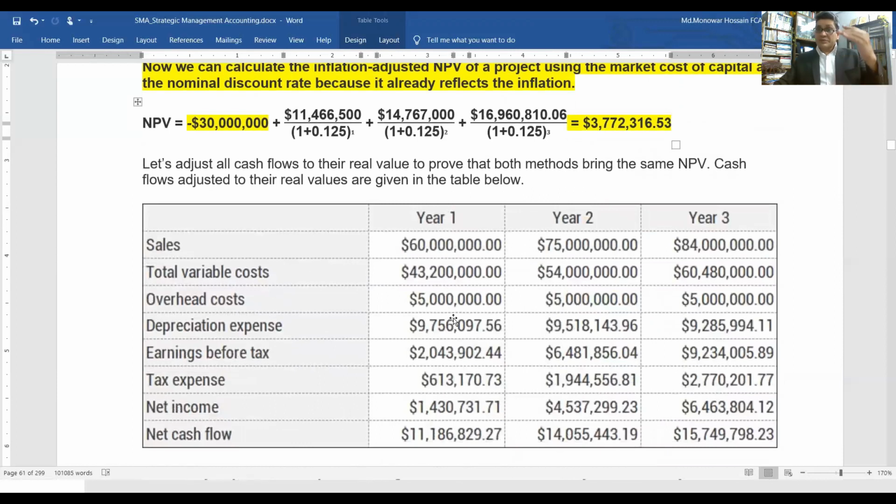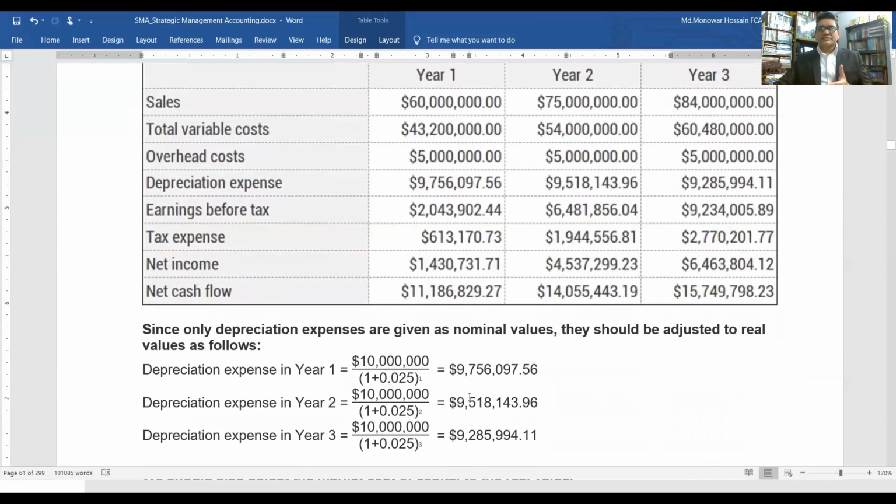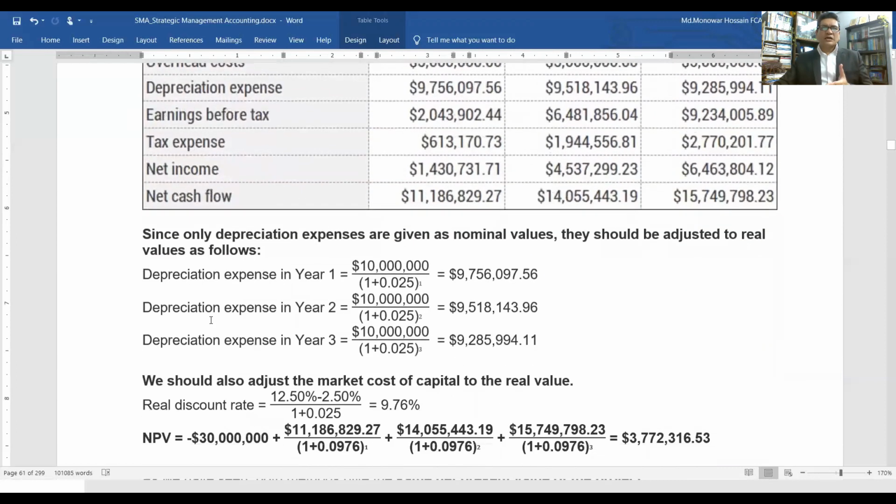This, as we first saw, comes to 11.18. Now depreciation expense for the first year, the 10 million, comes to 9.7 million in real terms, the second year comes to 9.5 million, and the third year 9.2 million.